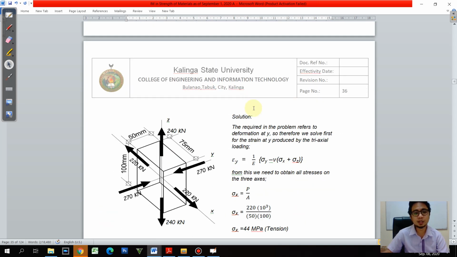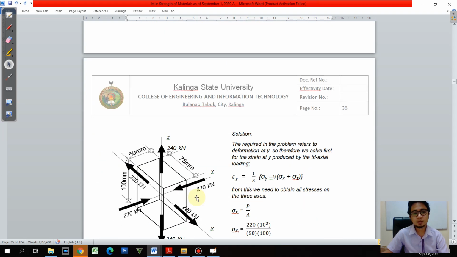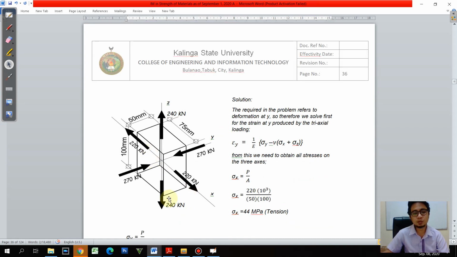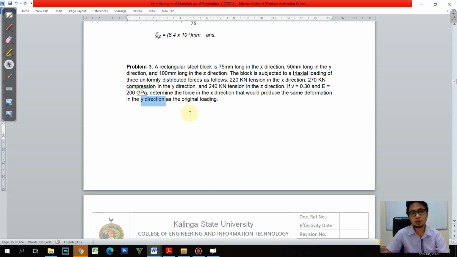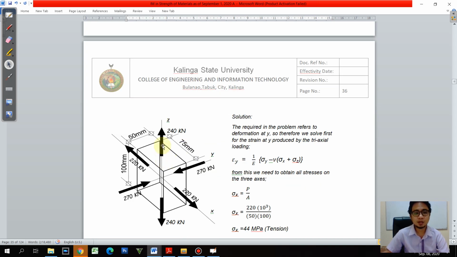Ngayon, ang tanong, kapag tinanggal natin lahat ng loading, okay, using the same cube here, anong dapat na force sa X nang sa ganun parehas yung effect ng tatlong loading na to or this setup? Okay? So again, ito lahat yan will have a strain along Y. It will produce a strain along Y and deformation along Y because of the triaxial loading.